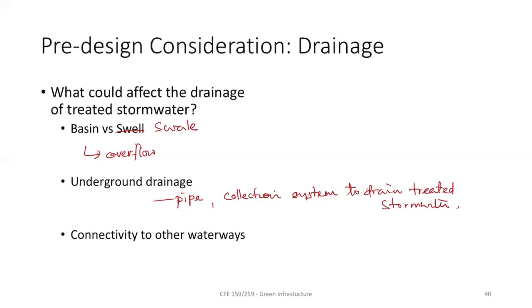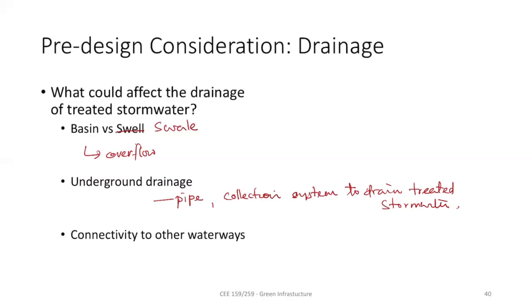Then the third one is about connectivity to other waterways. For instance, if you have a lake nearby, you don't want to short circuit the polluted water. Then you have to think of all that, including how near your system is to groundwater or a source for drinking water.